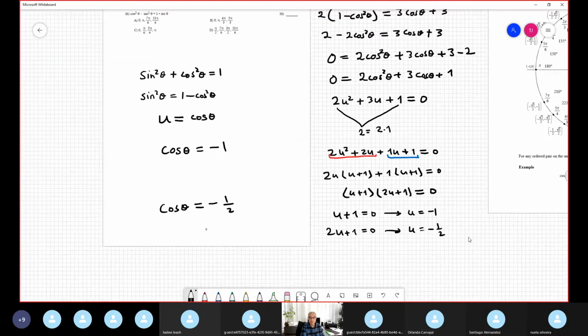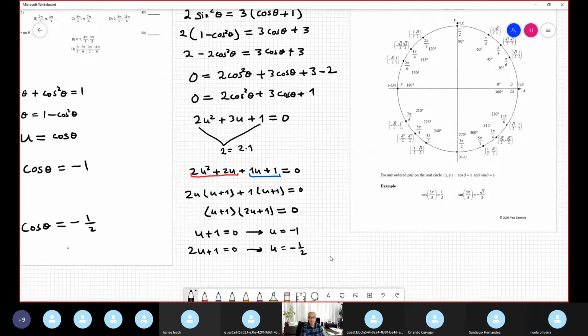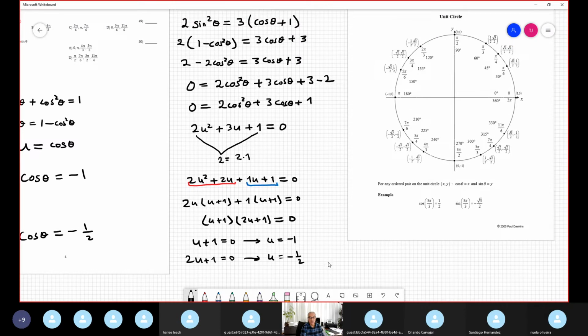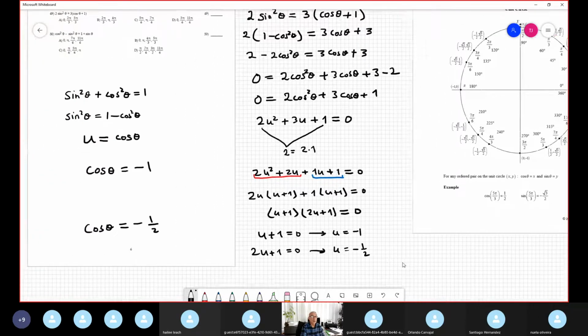Do you want to see it clearly? Where is the cosine -1? At what angle is cosine equal to -1? In the unit circle, do you see it or no? Yes. What is that? It's pi or 180 degrees. A pi or 180 degrees. Okay, pi or 180 degrees.